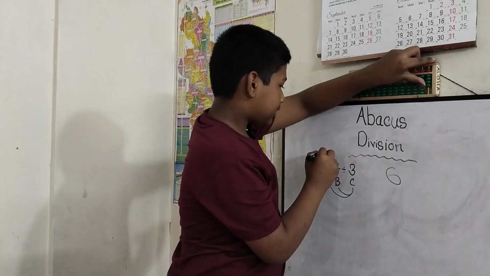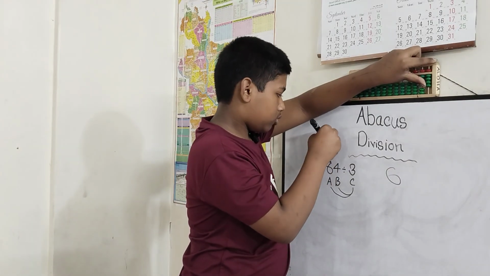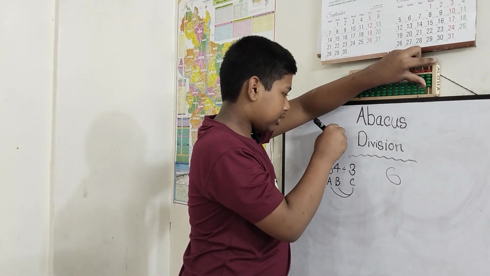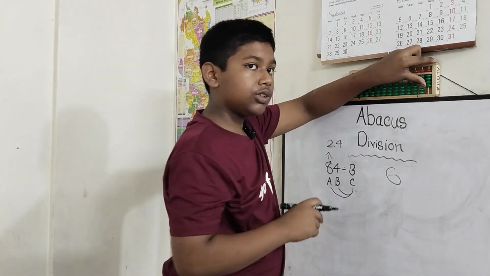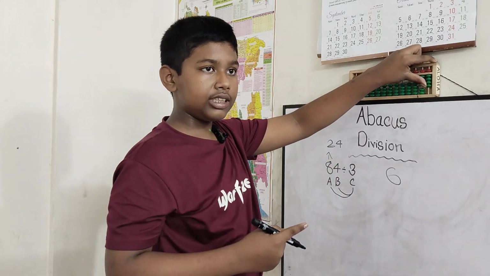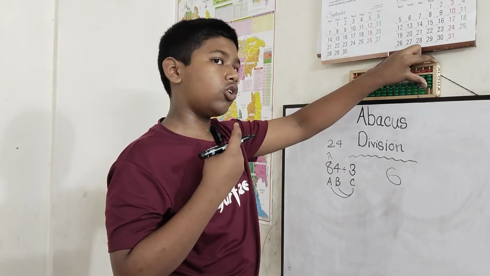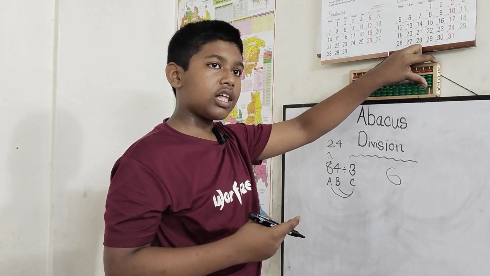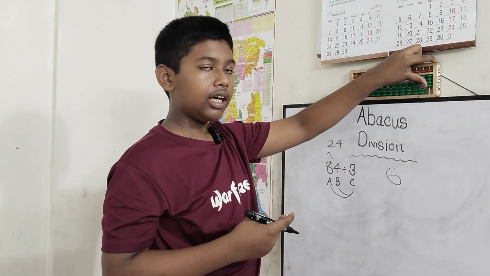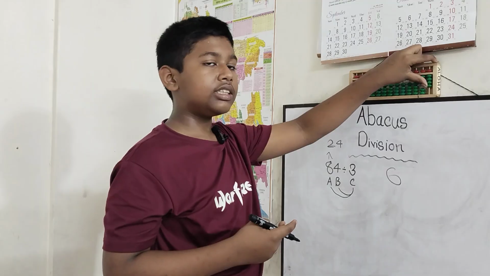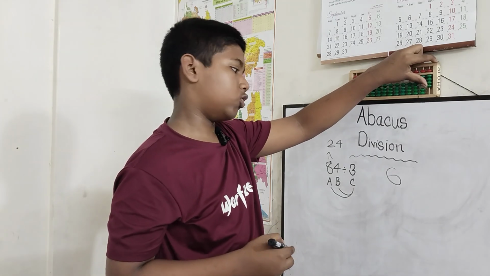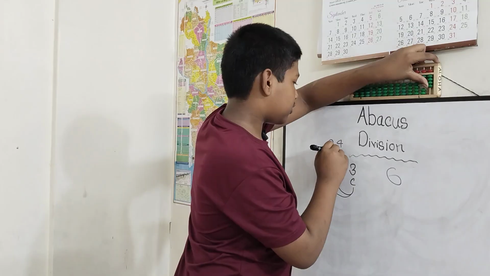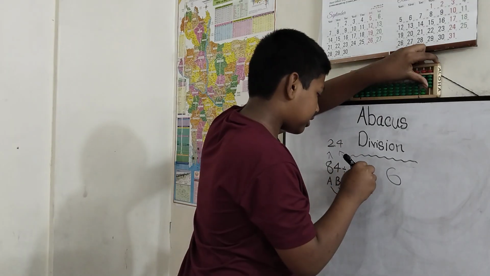Now we got 24. Now, how many times do we go into 24? 3 1 is 3, 3 2 is 6, 3 3 is 9, 3 4 is 12, 3 5 is 15, 3 6 is 18, 3 7 is 21, and at last 3 8 is 24. So 3 8s, we have to do an 8.